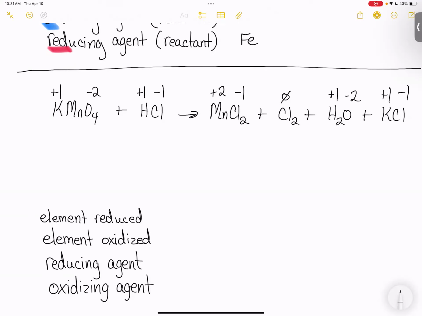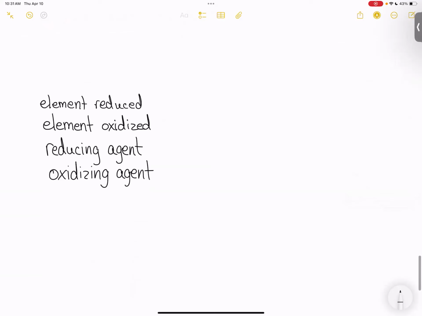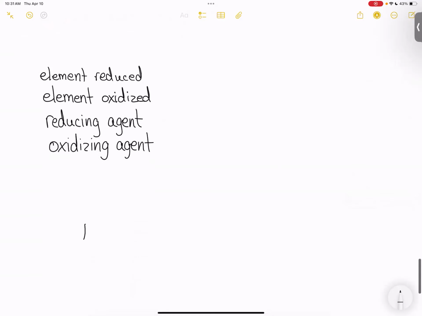So we need to determine what the oxidation state for manganese in potassium permanganate is. I'm going to drop down to do that one. KMnO4. We said that potassium was a +1, our oxygen's a -2, and we do not know our manganese.